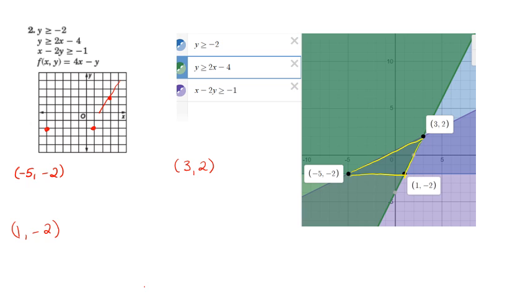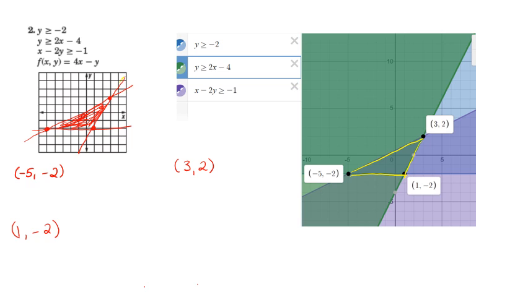Sorry. That is not the line I meant to do. Hold on. There we go. And then as carefully as possible. There we go. So there's my enclosed region.